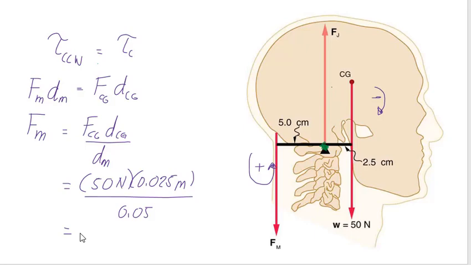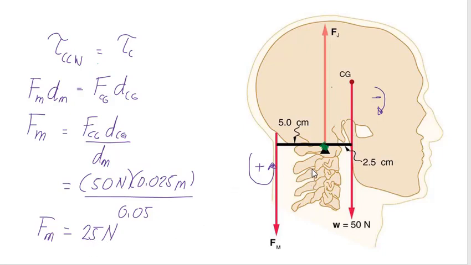Okay, our answer is 25 newtons. We have here the force to be exerted by the muscle is 25 newtons. If we are going to compare it again, the head is 50 newtons, but the force that the muscle has to exert is only 25 newtons.